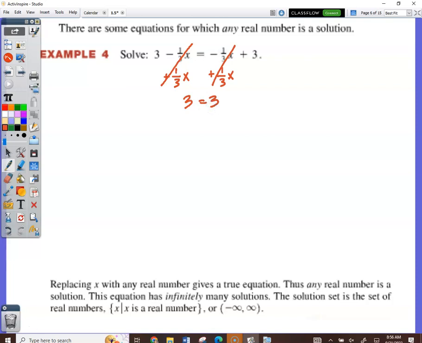So just to be consistent with what I just wrote on the other slide, does 3 equal 3? Yes or no? Yes. So this is true. Actually, let me write yes, and then I'm going to write true statement.